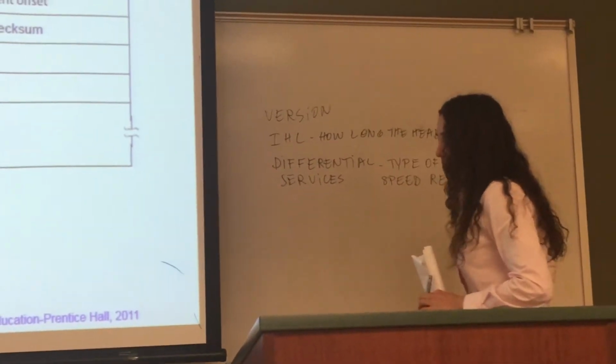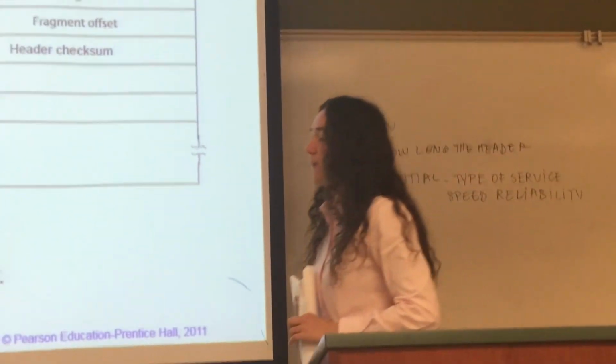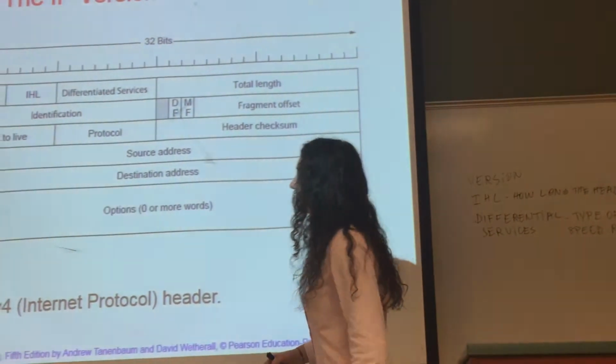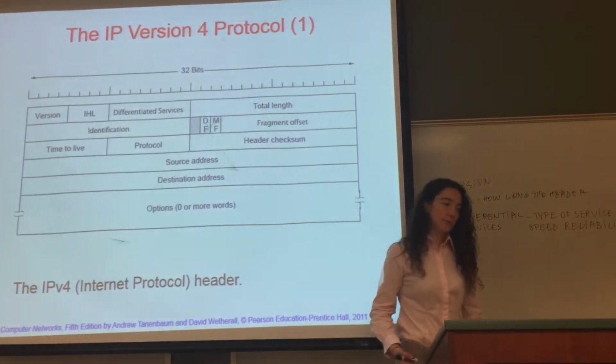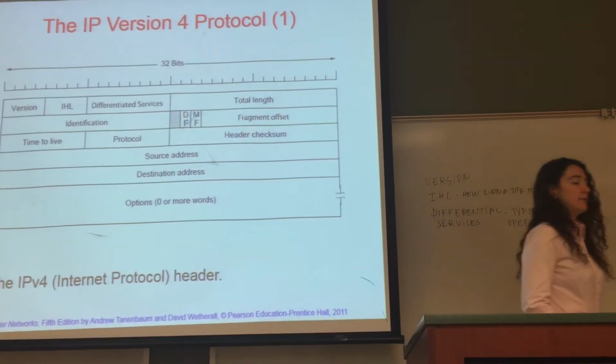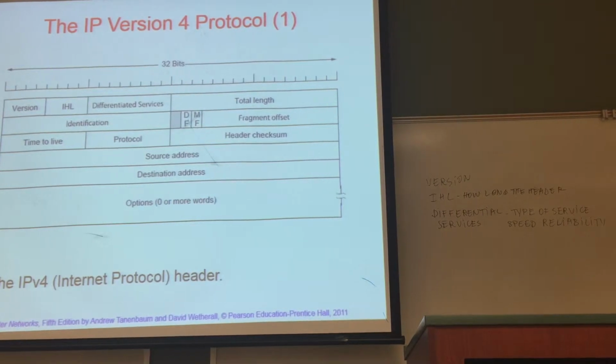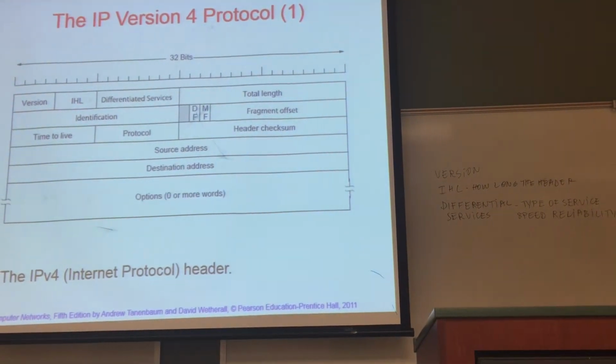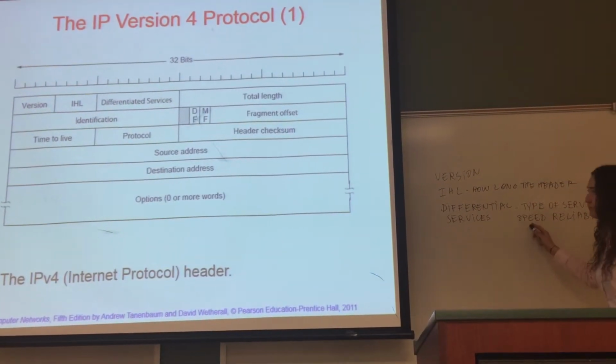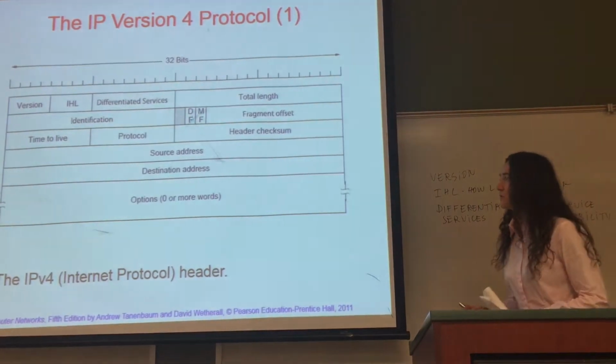There are some services that exist which are faster, but they're not very reliable. And then we have slower services that are guaranteed or reliable. So depending on the application, we could use a different type of service.